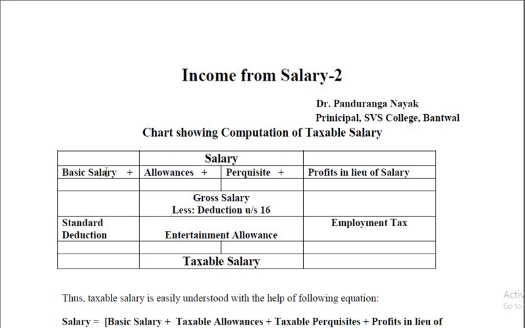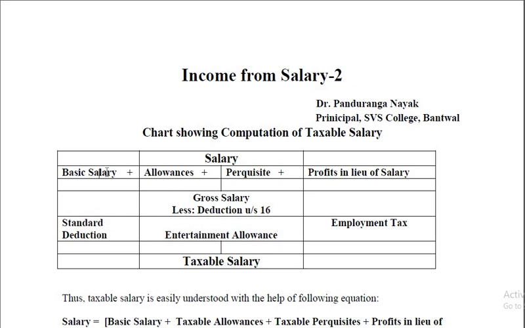What it means is 10,000 is basic. Once you complete 1 year of service successfully, your basic will be 10,000 plus 500 increment, that will be 10,500. Once you complete the second year, your basic will be 10,500 plus 500, so 11,000. So that is nothing but basic salary.